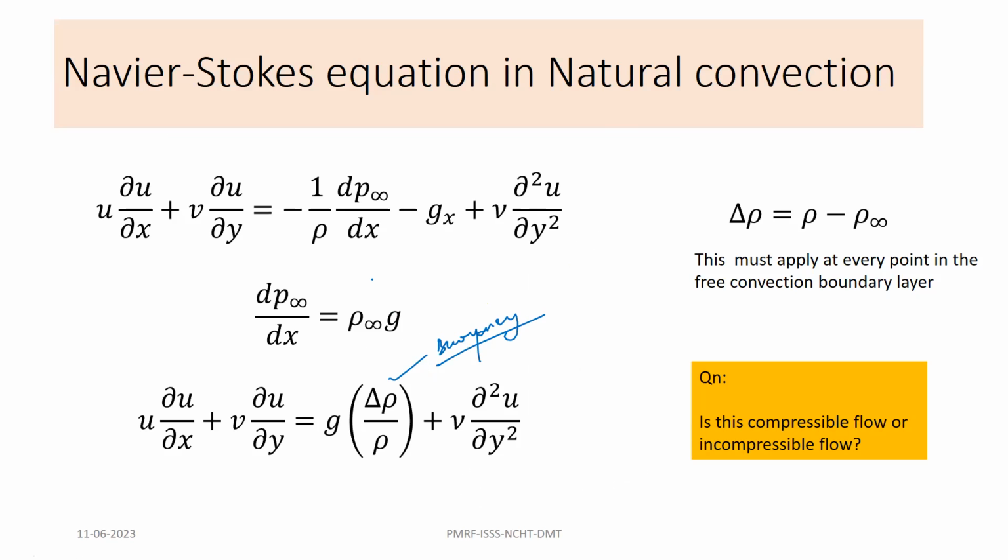So in the continuity equation, we treat density as constant, but here we will assume that it is varying, because here the driving force is density variation. How is that created? That is due to a function of temperature.